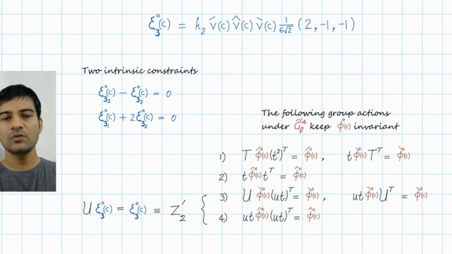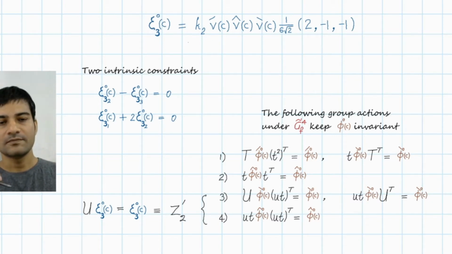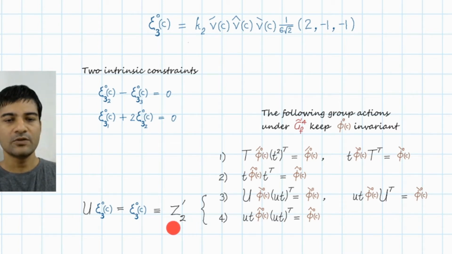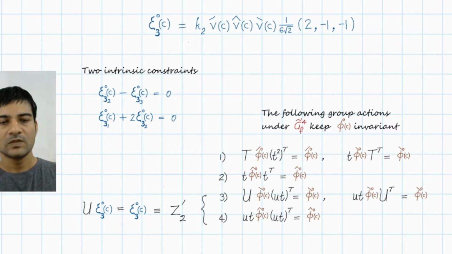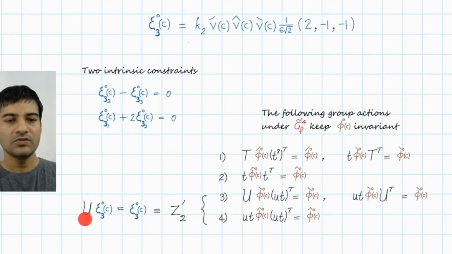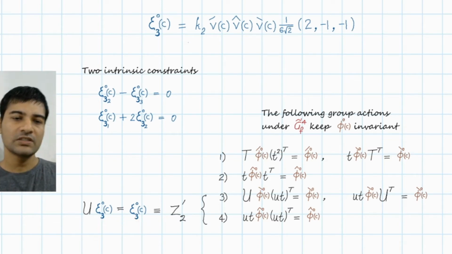And these 2 group actions together constitute a single group action under GF4, and that generates a Z2 group, here denoted by Z2 prime. The action of this Z2 prime on the effective field Xi3 is simply the action of the matrix U. And as you can see here, the stationary point Xi3 0c remains invariant under the action of U.